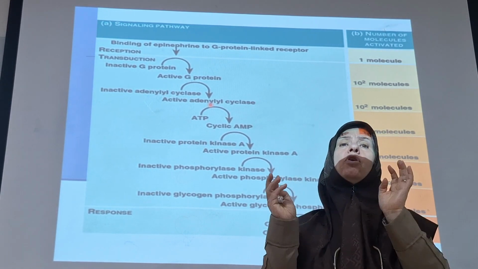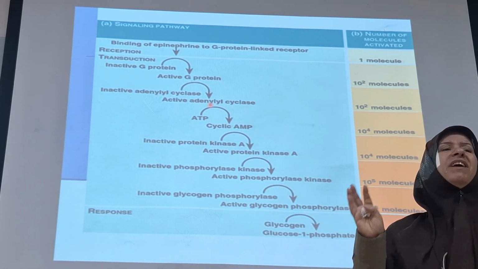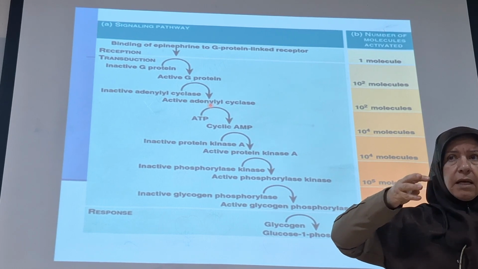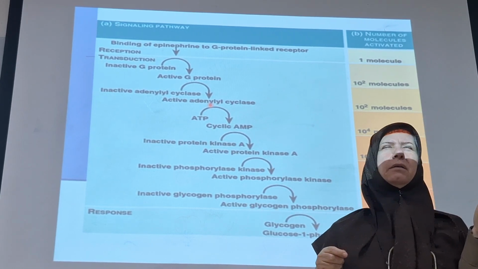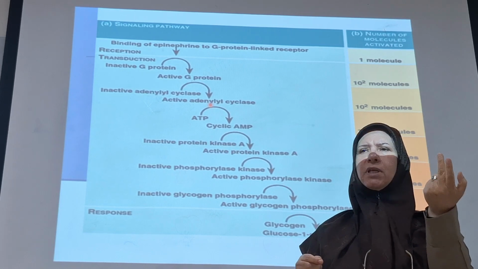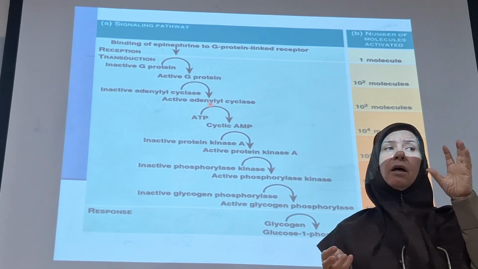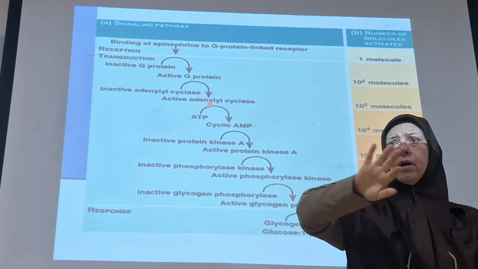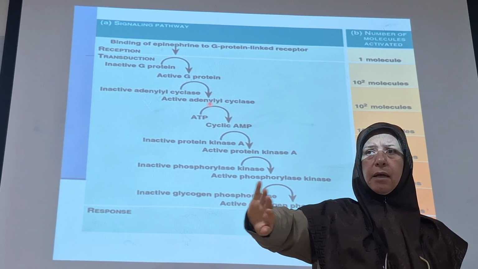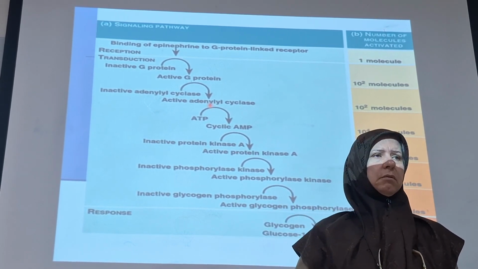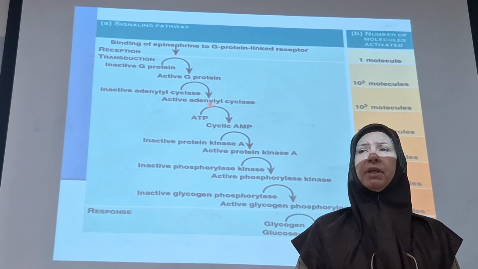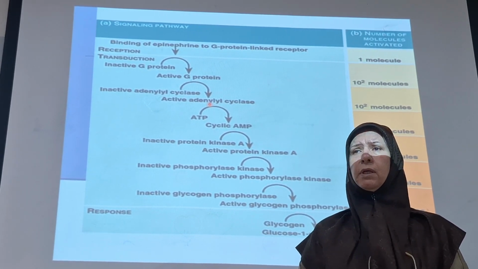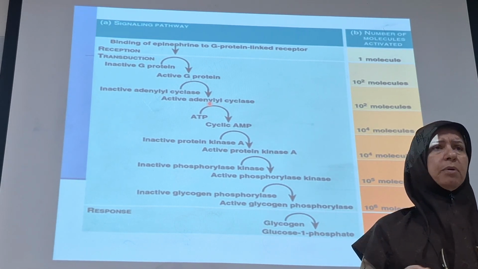For intracellular receptors, we have no amplification inside the cell for steroid hormone receptors and thyroid hormone receptors. One hormone binds to one receptor, and the hormone-receptor complex binds to DNA, so there is no amplification.